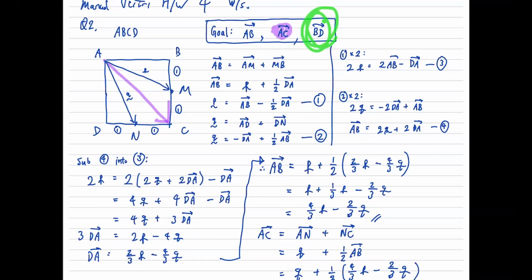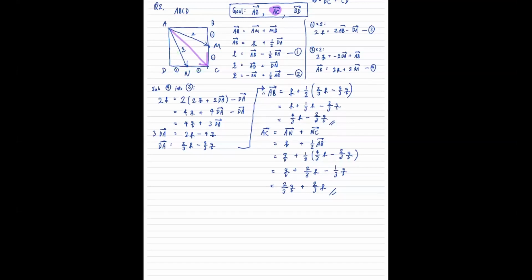BC plus CD. Yeah, okay, that works. BC and then add on CD. Have we found BC already? No, but we can replace it with something else: AD, right? So that means it becomes... okay, I need to write this down. Sorry, give me a moment to copy down this diagram.